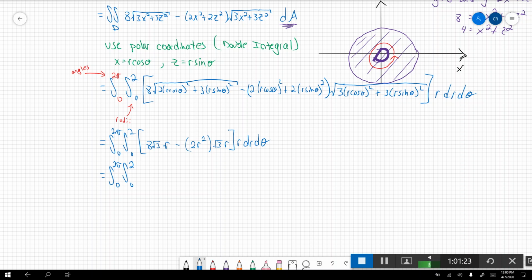So root 3 times 8 r squared minus 2 r to the 4th, and then this is just dr d theta.